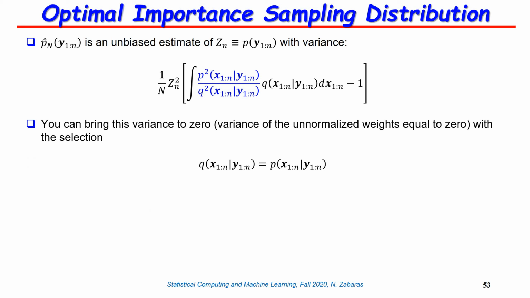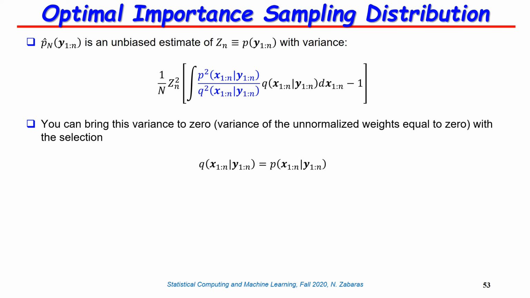Now, you can bring this variance of the unnormalized weights to 0 by selecting q to be nothing else but your target distribution. This is what I referred to before, and in this case you can see that the variance of the weights becomes 0, and the variance of the normalization approximation for Z also becomes 0.